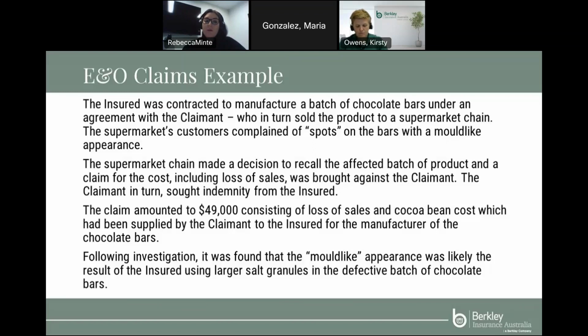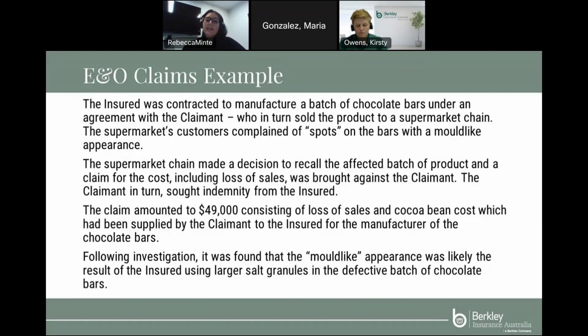The claim amounted to $49,000, consisting of loss of sales and cocoa bean costs, which had been supplied by the claimant to the insured for the manufacture of the chocolate bars. Following investigation, it was found that the mold-like appearance was likely to be a result of the insured using larger salt granules in the defective batch of chocolate bars.